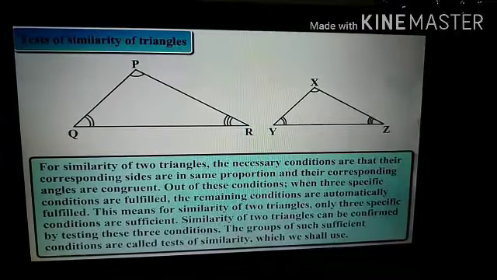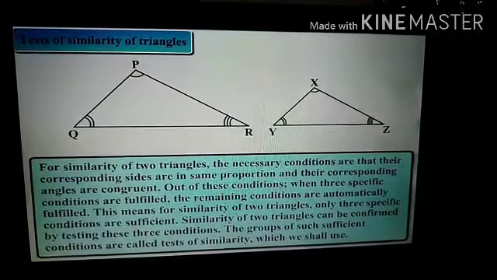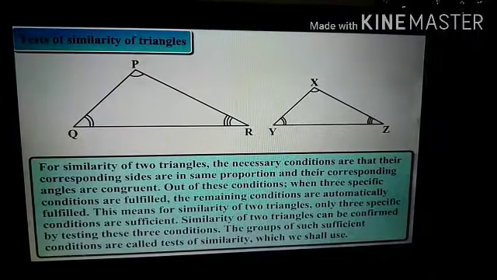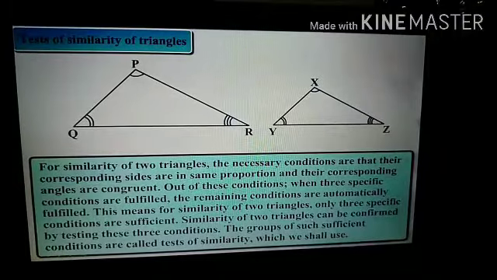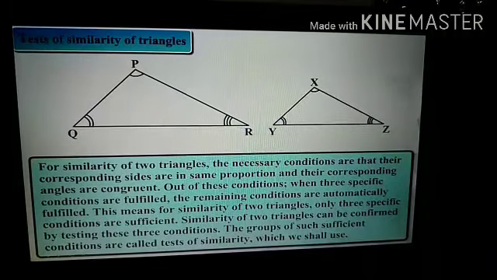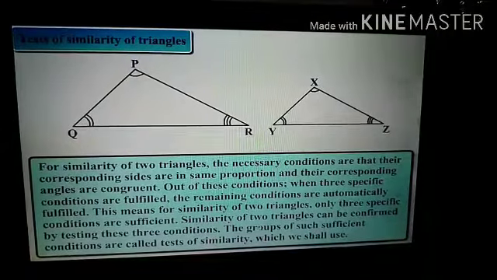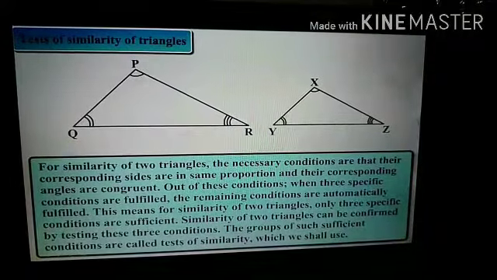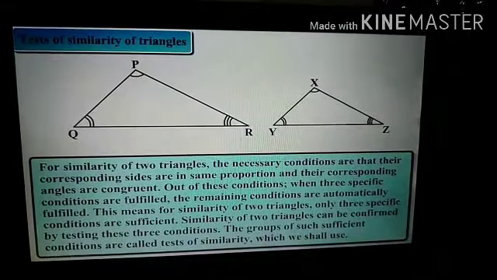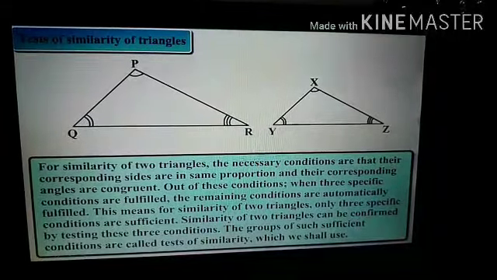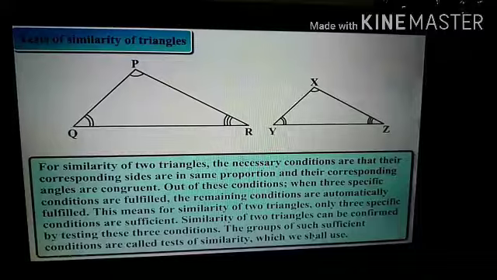This means for similarity of two triangles, only a few specific conditions are sufficient. Similarity of two triangles can be confirmed by testing these conditions. The groups of such sufficient conditions are called tests of similarity, which we shall use now.